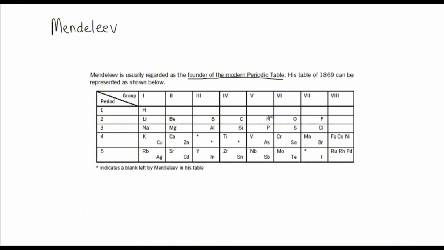The reason for this is atomic number, as we know from previously, is the number of protons. However, protons were only discovered after Mendeleev created this table, right? So when he was creating this table, we did not discover protons at that time.